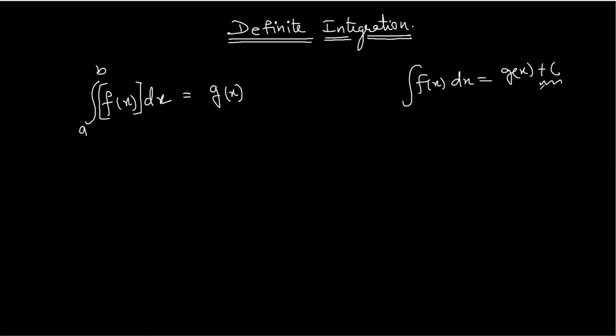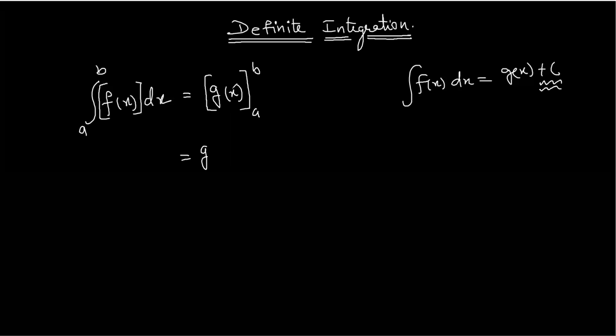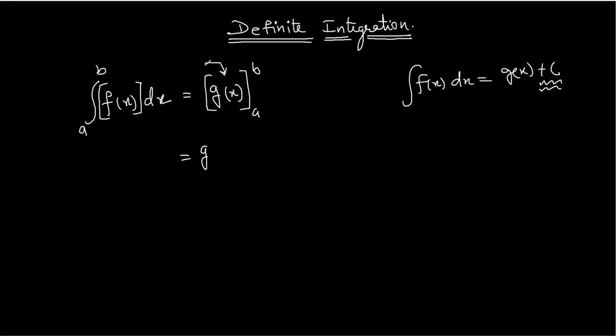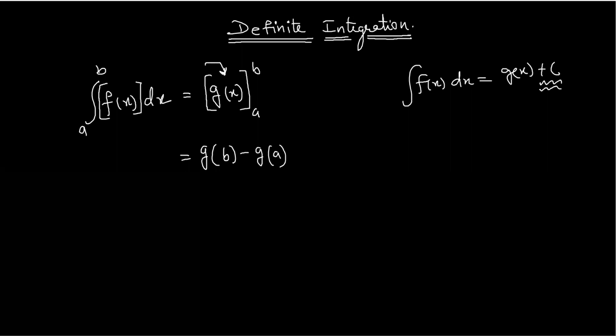You don't add c. What else will you do? You will enclose this in a bracket and write a to b. Then you will evaluate this by substituting the upper limit and the lower limit. Wherever x you have in the function, inside the bracket, you will write upper limit: g of b minus g of a. That is what you get.